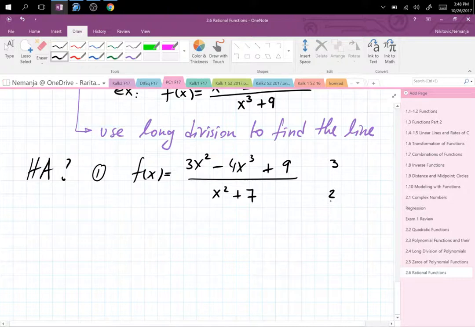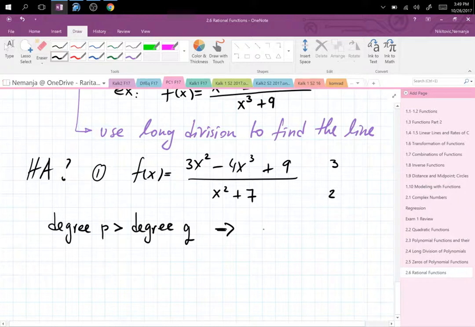So the top has the higher degree, which means no horizontal asymptote. So the degree of p is larger than the degree of q, which implies no horizontal asymptote. Now that is the rule that you have to memorize. You might be lost right now.